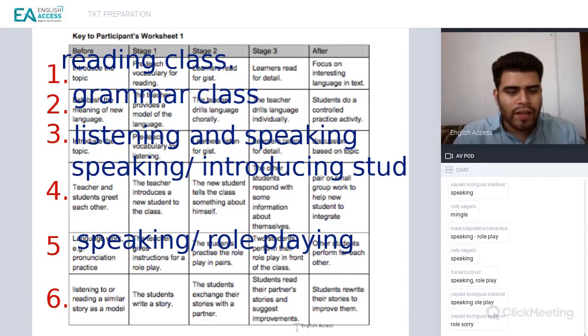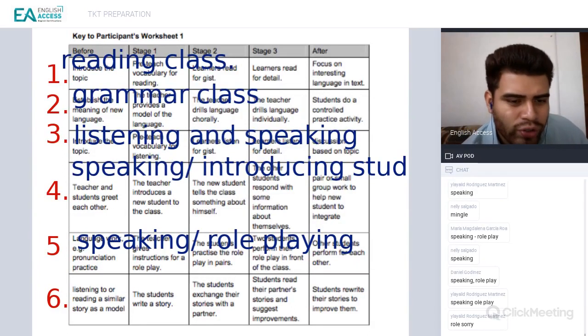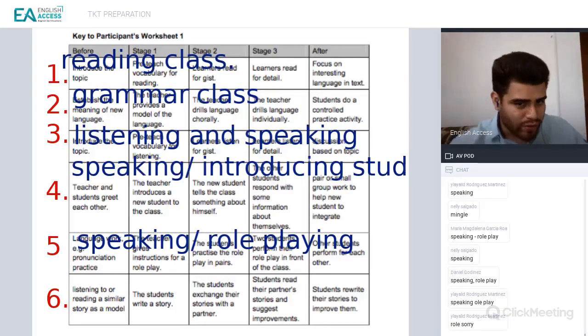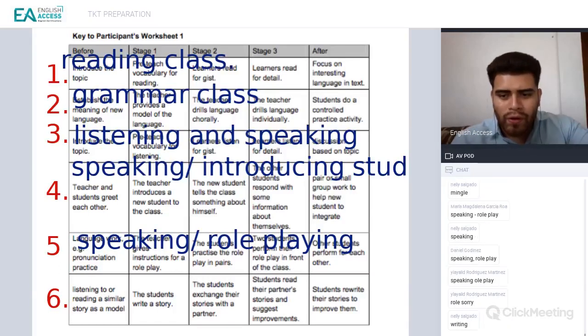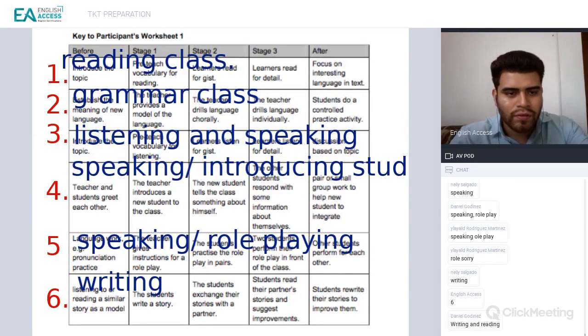Perfect. And number six, listening to or reading a similar story as a model. The students write a story. The students exchange their stories with a partner. Students read the partner's stories to suggest improvements. Students rewrite their stories to improve them. What do you have for number six? That's writing. Perfect.